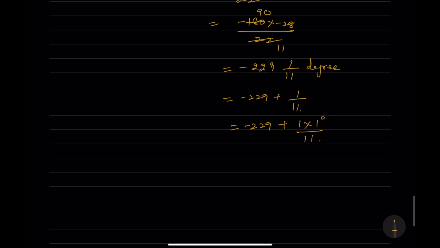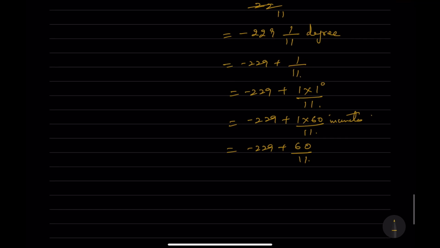Since we know that 1 degree is equal to 60 minutes, we can write this as 1 into 60 by 11 minutes, which is minus 229 plus 60 by 11. Writing 60 by 11, 11 5s are 55, so the remainder is again 5.